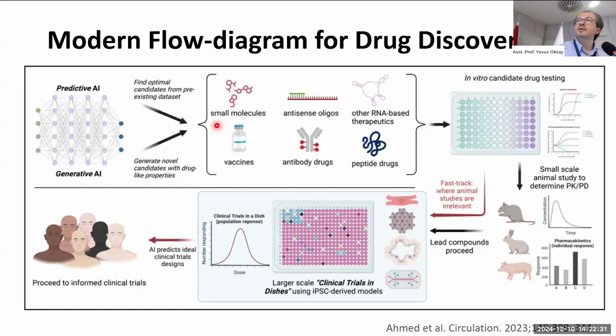Those are two main concepts. And the current paradigm, or flow diagram, we can call it, is that nowadays we are using AI to predict drugs or even develop novel, non-natural, non-existing molecules, basically come up with peptide drugs, antibody drugs, vaccines, RNA-based therapeutics, antisense oligos, small molecules.